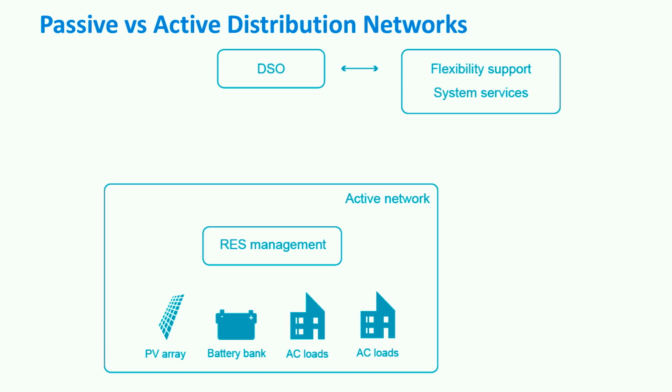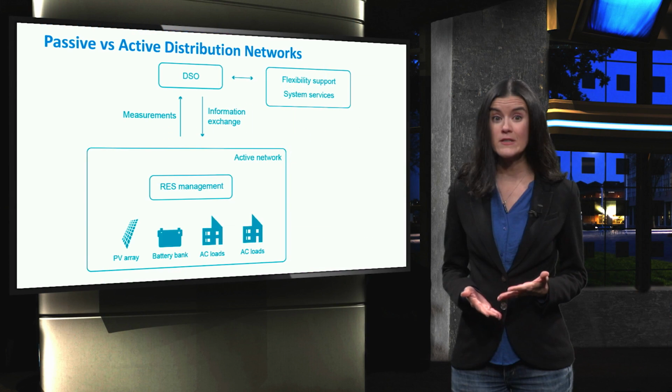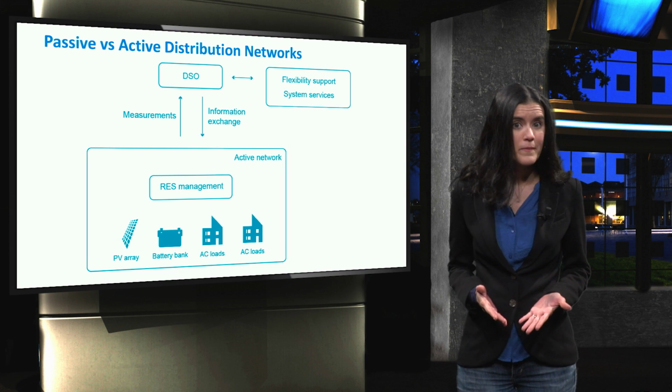Information exchange is currently a topic of attention because in passive networks there is little or no communication between transmission system operators and distribution generator owners or distribution system operators. Active networks require structured and organized offline and real-time information exchange for their effective deployment.